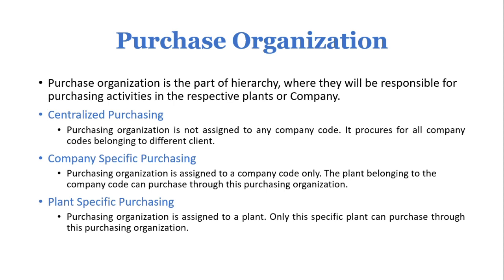Normally, we use company specific purchasing organization because one company equals one purchase organization. It will be very useful for maintaining data like the info record, the master data. So we can have purchase organization company code wise.